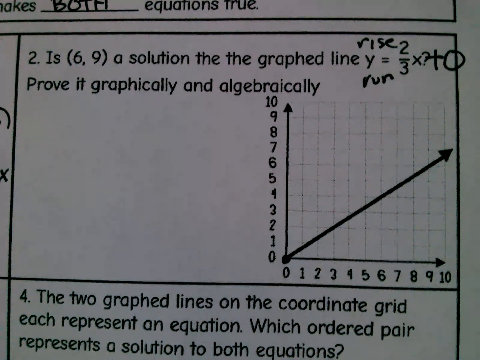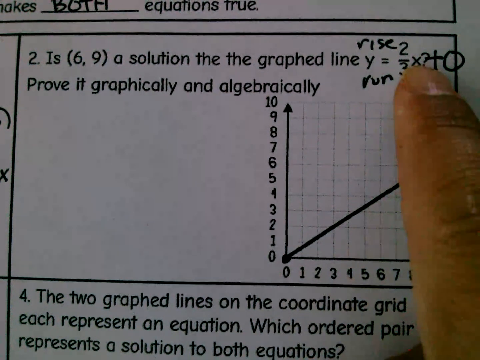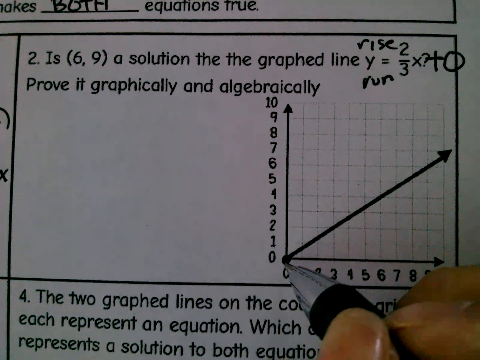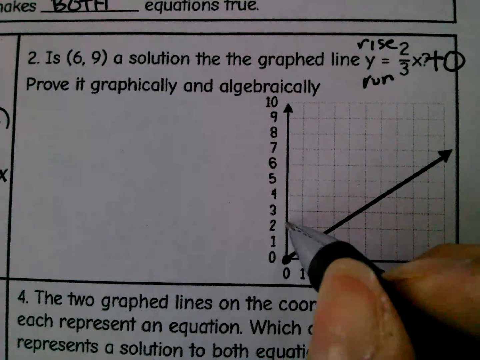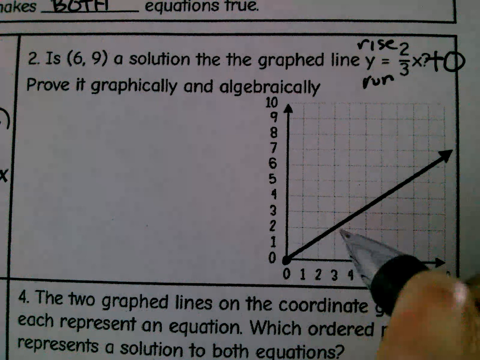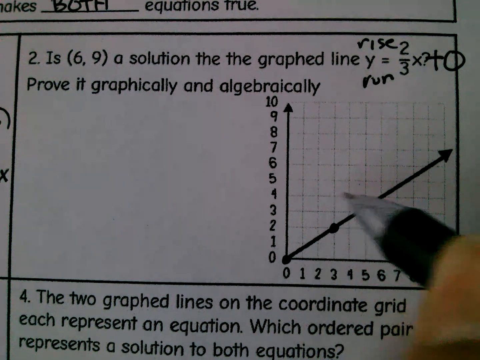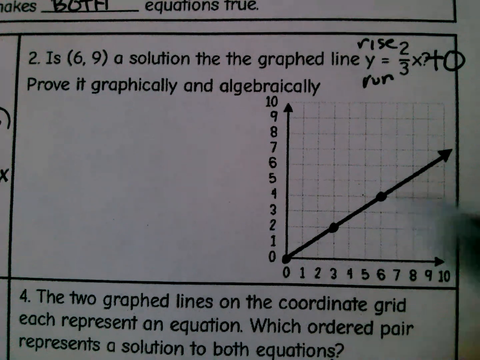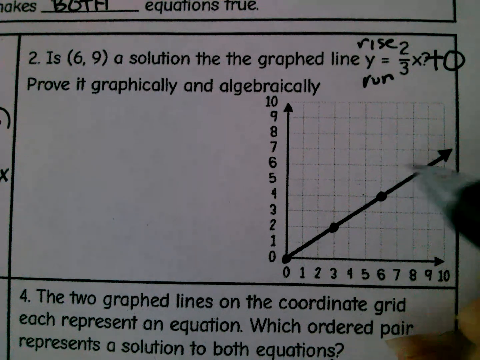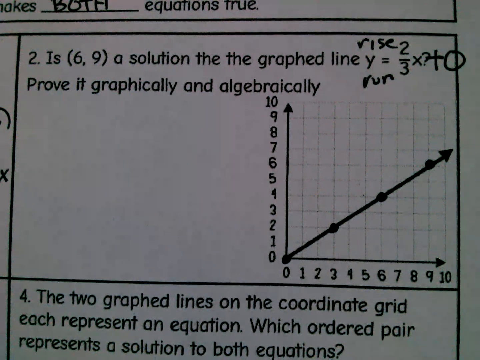So they're telling you from the 0, go up 2 and run 3. So up 1, 2, and then run 3. 1, 2, 3. Yep, I'm landing on the line. Up 2, run 3. Up 2, run 3. So yeah, they graphed it correctly.